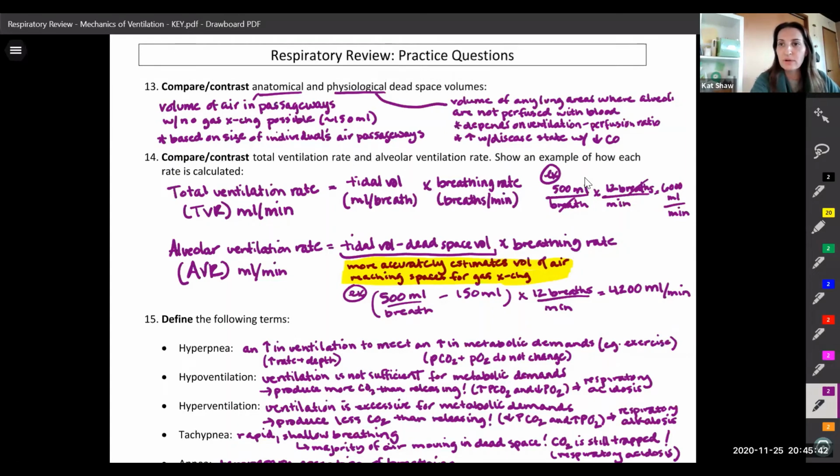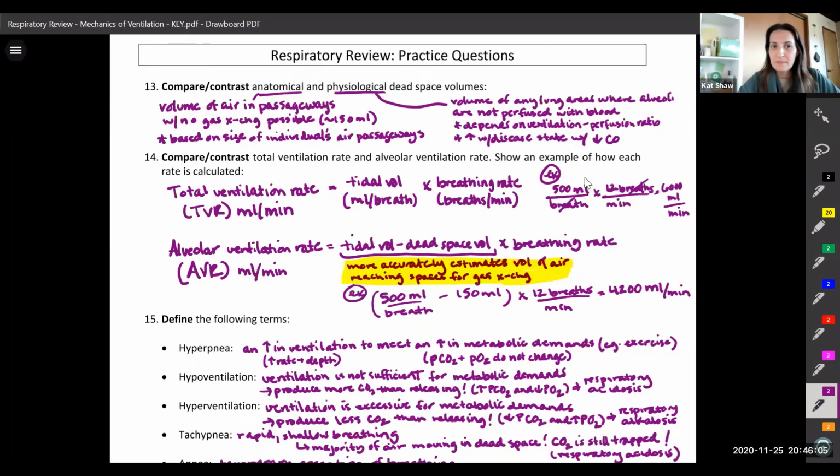And here I just do a quick calculation using the example that was given here. If we have tidal volume 500 milliliters per breath, and we count how many breaths an individual takes in a minute, let's say they take 12 breaths, we just multiply those two numbers together, and here we get 6,000 milliliters per minute, right? So 6 liters per minute.